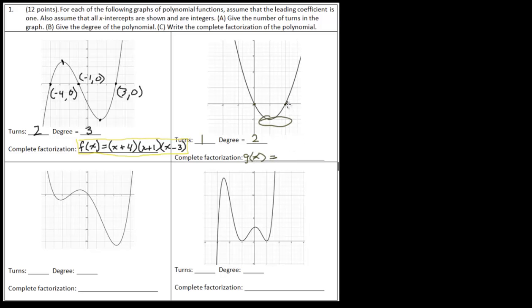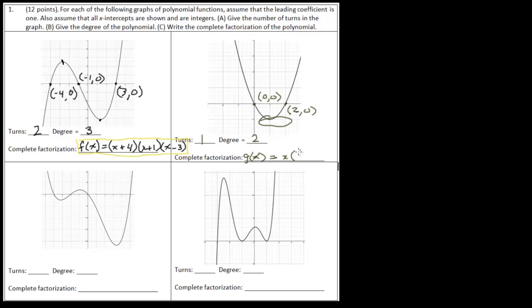And the intercepts here: an intercept is at 2, 0, and there's an intercept at 0, 0. So when the graph goes through 0, 0 and intercepts the x-axis at 0, that just means we could say x minus 0, or simpler to just say x.